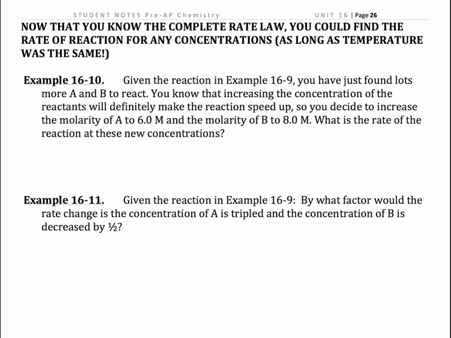What we can do once we have this is solve for new rates. In this case, rate is equal to, we know K is 1491. Now, what if we want to change A and change B? Well, we simply put in 6. We know that it's squared from the rate law expression.